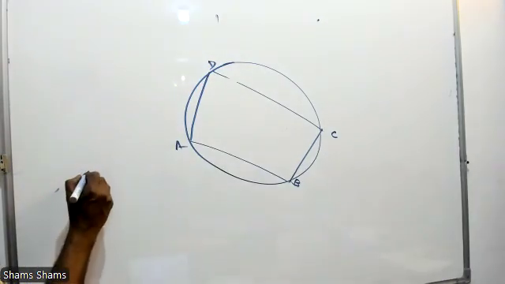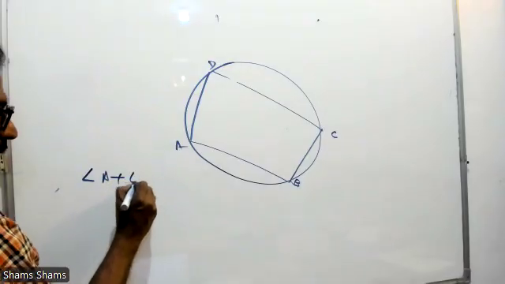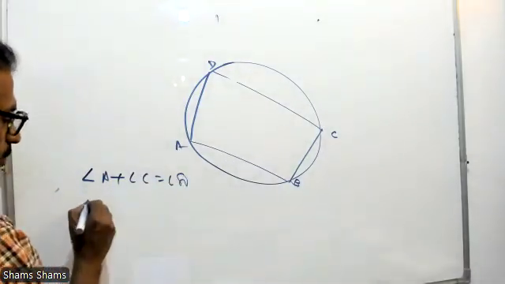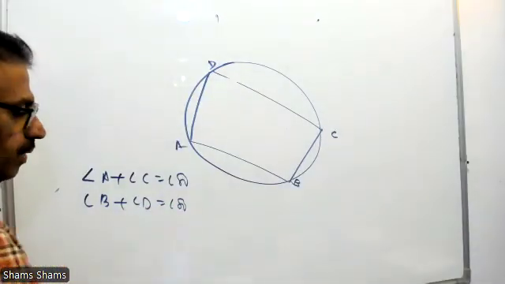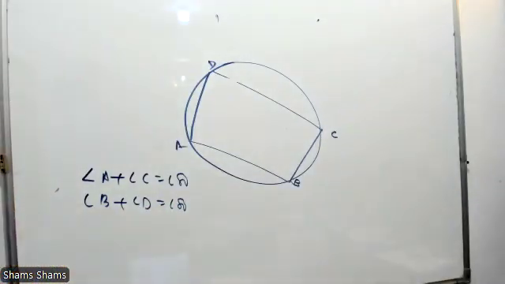That means angle A plus angle C is 180, and angle B plus angle D is also 180.